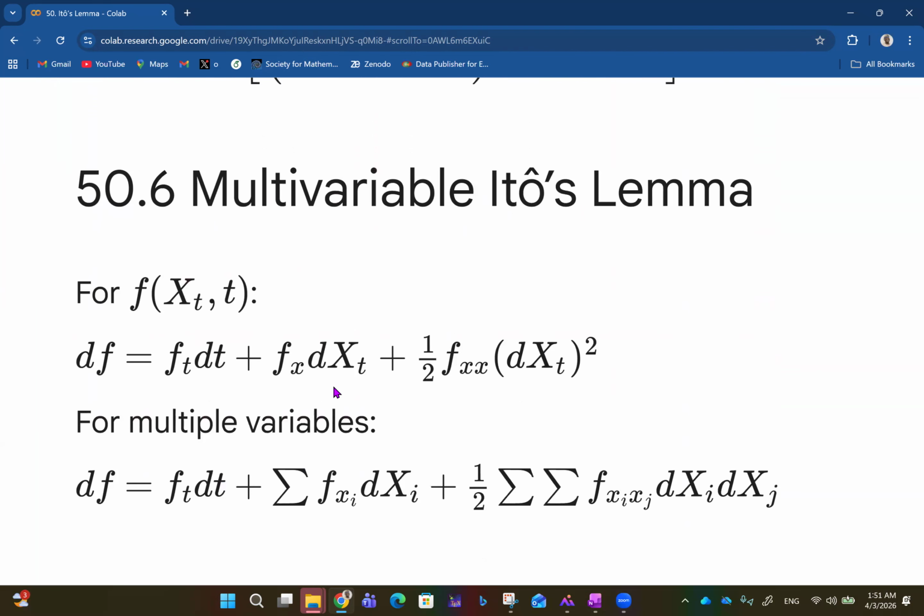Then we have the multivariable Ito's lemma. So for f of x sub t comma t, df is f sub t dt plus f sub x dxt plus half fxx dxt squared. For multiple variables, it's just like generalizing this whole thing. So df now is f sub t dt plus sum of f xi dxi plus half double sum of f xi xj dxi dxj, like that.